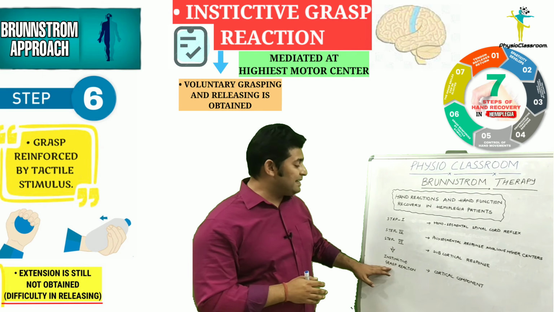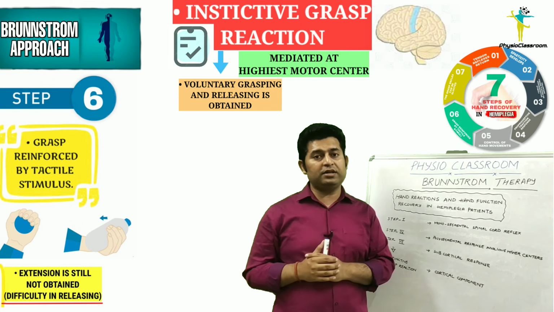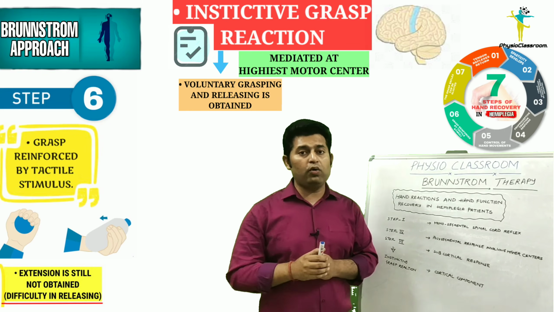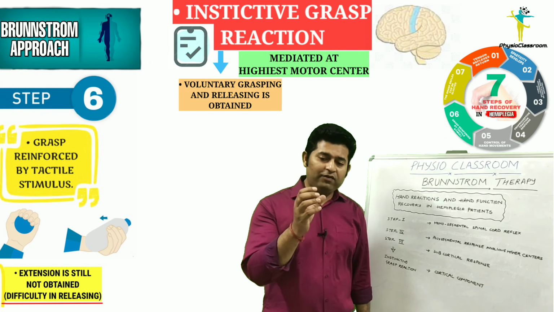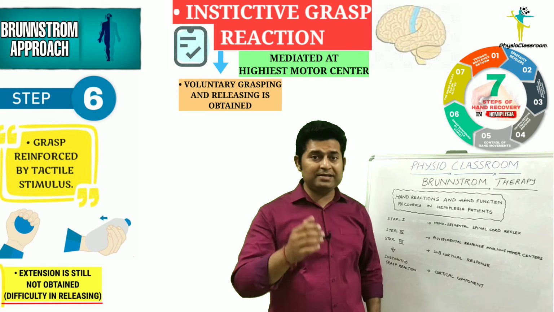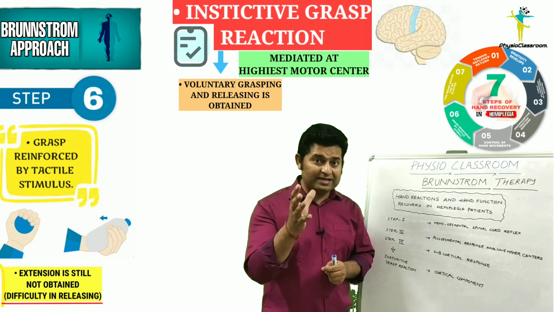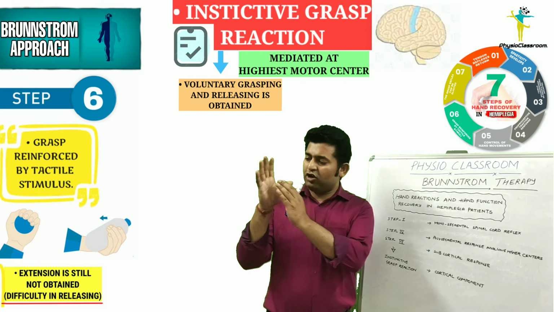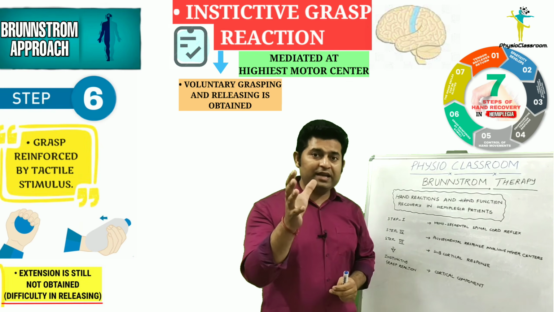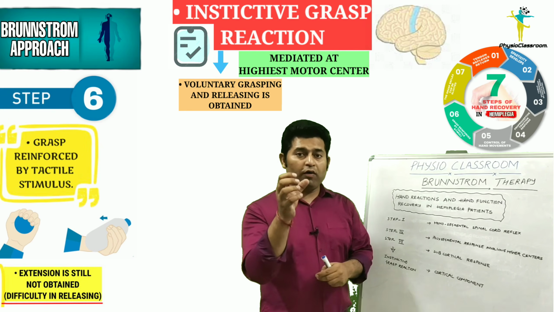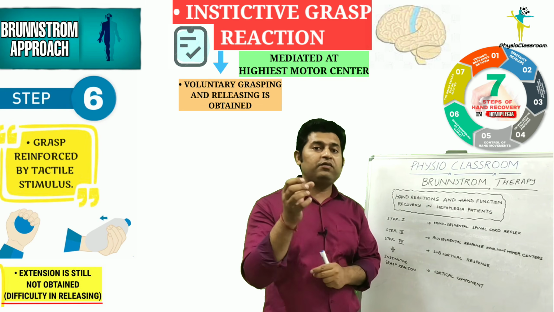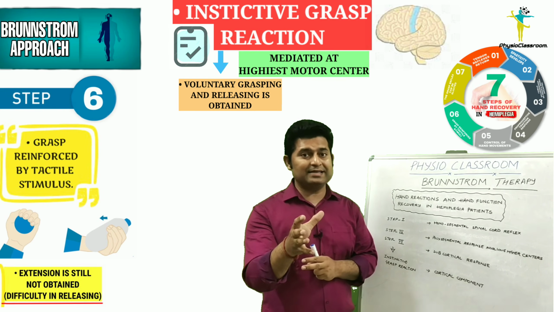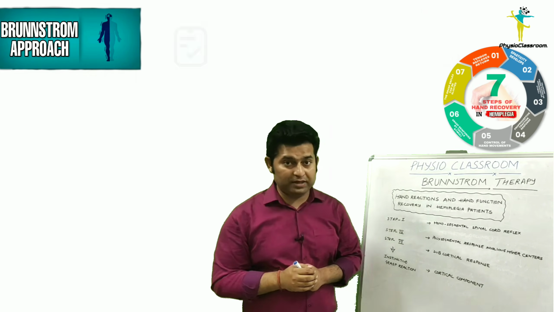The only difference is that in instinctive grasp reaction, the patient has developed control over the voluntary finger flexion and extension. That means the patient can grasp and release, but when a static object is placed in the palm, there is a reflexive grasping of that particular object, and patient finds it difficult to release that particular object.